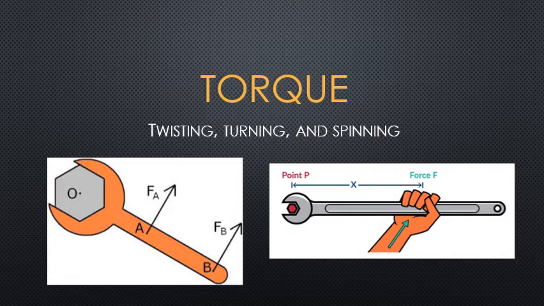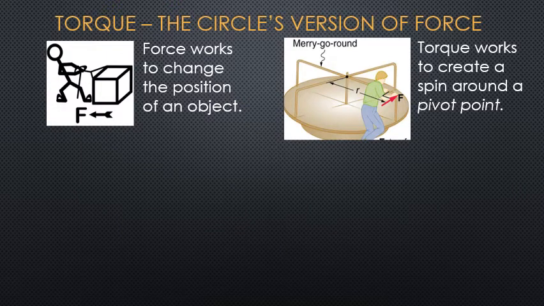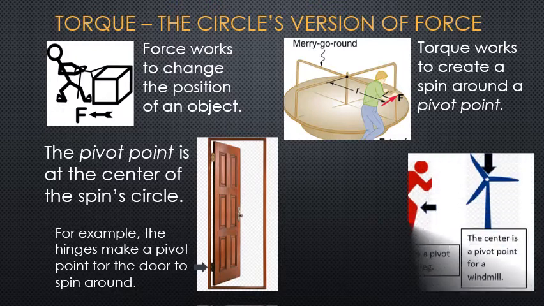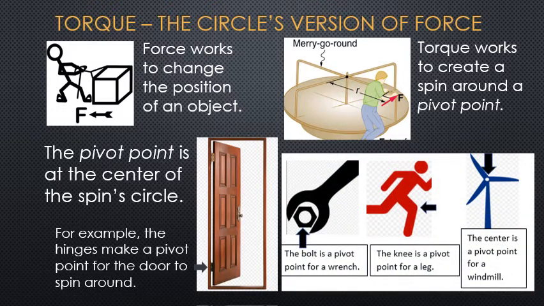So torque, all about spinning, twisting, turning, a sort of force that causes an object to spin in a circular motion rather than to just move. We looked at various examples of torque. We talked about the pivot point being the point of rotation.